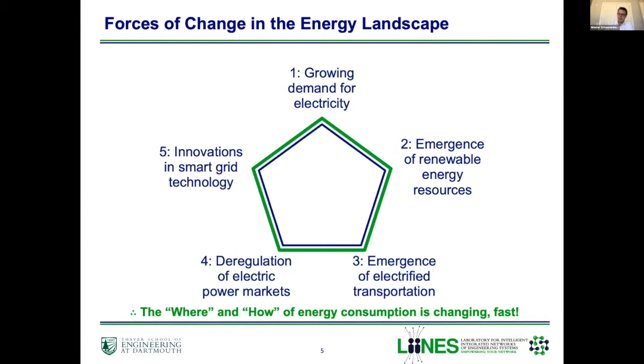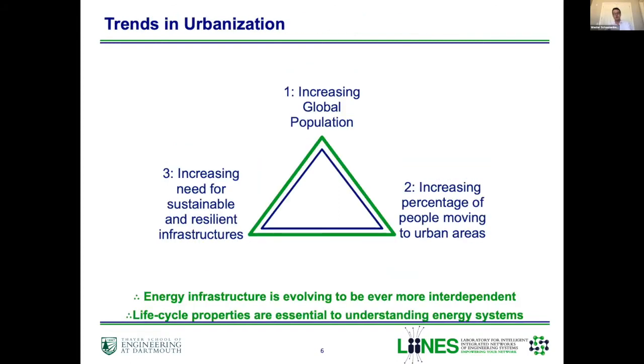Steffi's work will take a closer look at how to handle all of these forces of change for the power grid and how to leverage the energy water nexus to manage these forces of change and manage the changing landscape. For my work, especially my work in smart cities, it's important to note some trends in urbanization as well. What we see is that there is a global increase in population. We're expecting almost 10 billion people by 2050 on the planet.